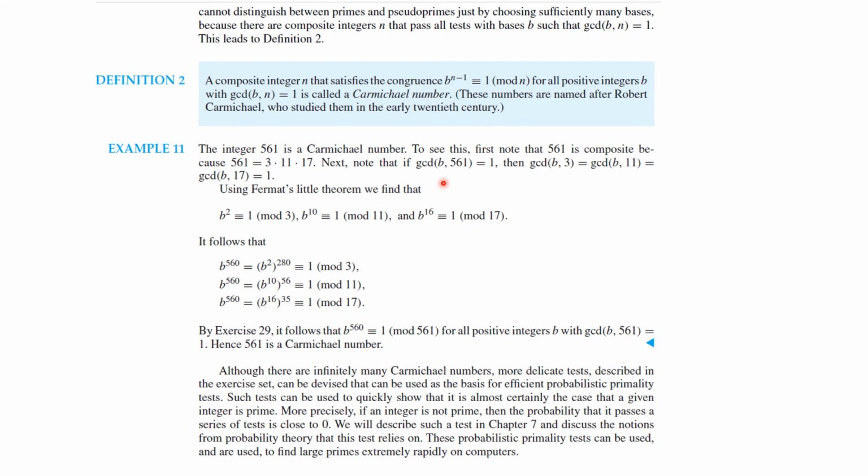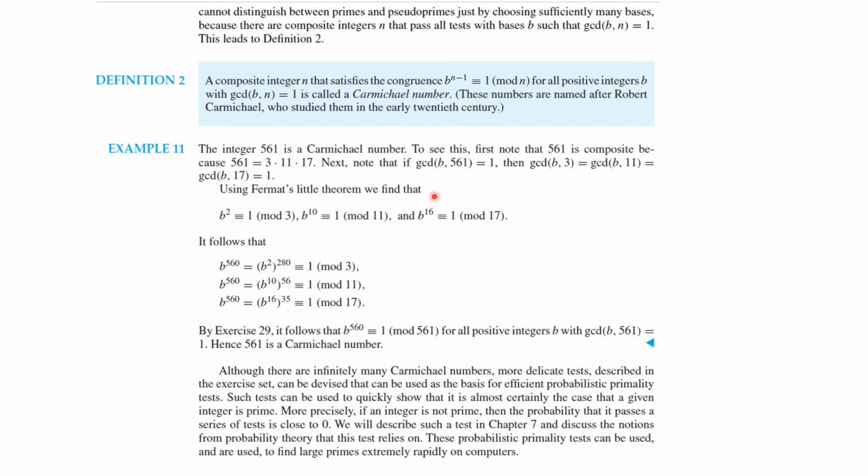And also you can see that if b is relatively prime to 561, then the GCD of b with each of 3, 11, and 17 is also equal to 1.